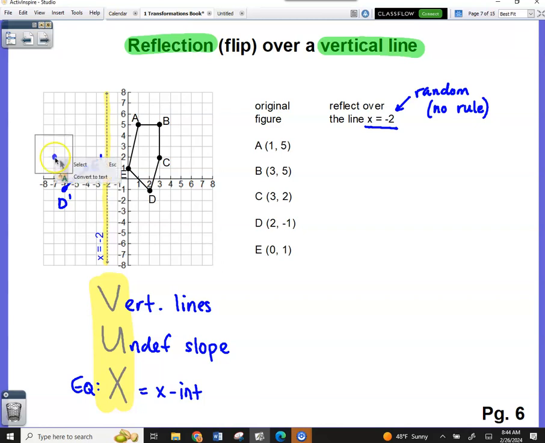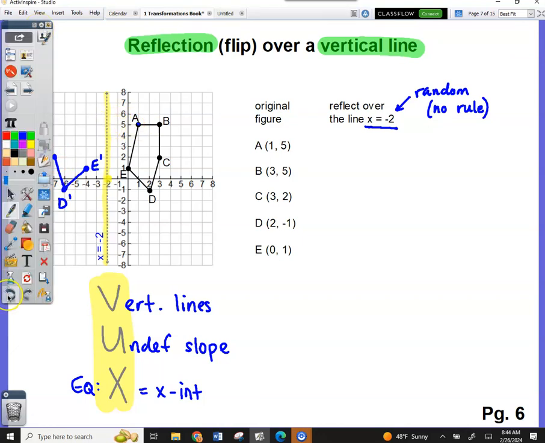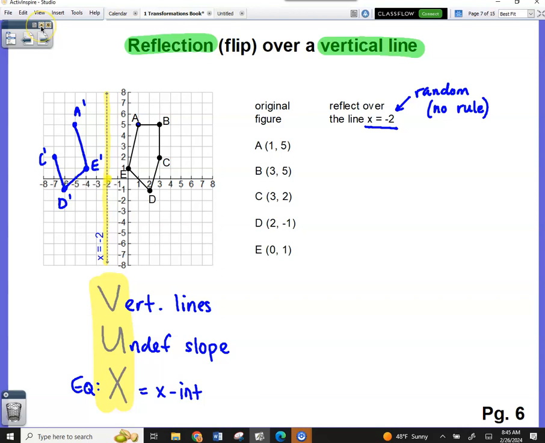Here. A is 3 away, so 3 past. And then you can see the rest of the shape closes off right there, B prime.